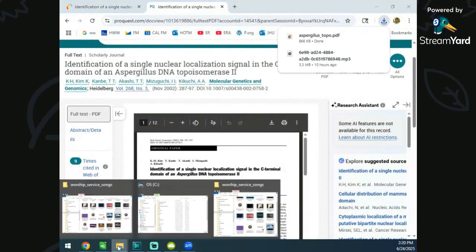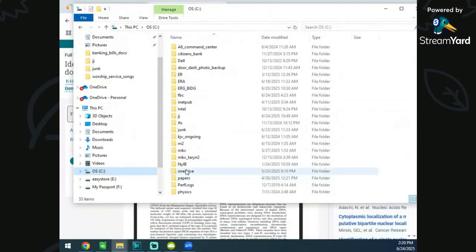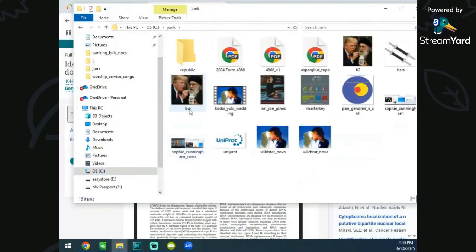I'm going to grab the Aspergillus topo paper. Where did I put this? It's right at the top. Do you see it?